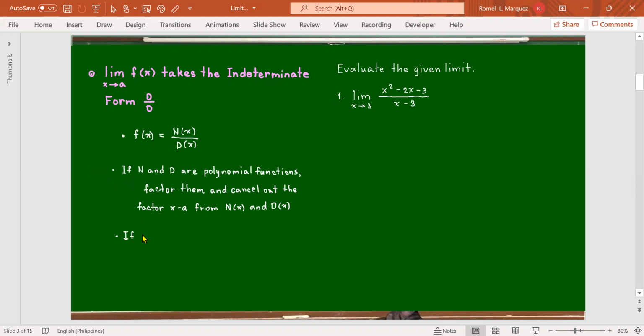If the numerator and or denominator contain a radical or radicals, apply rationalization.